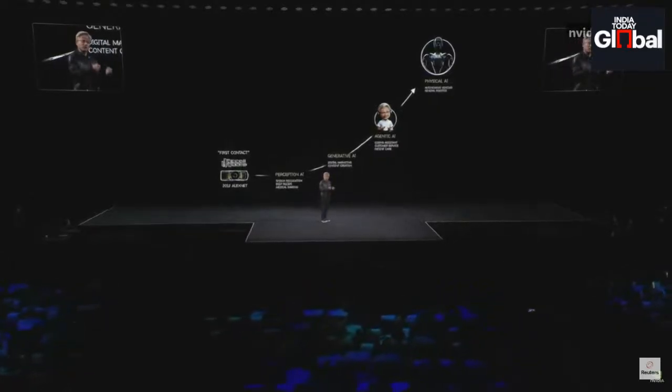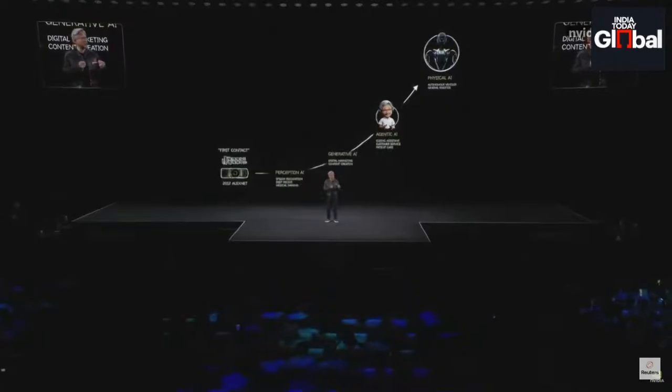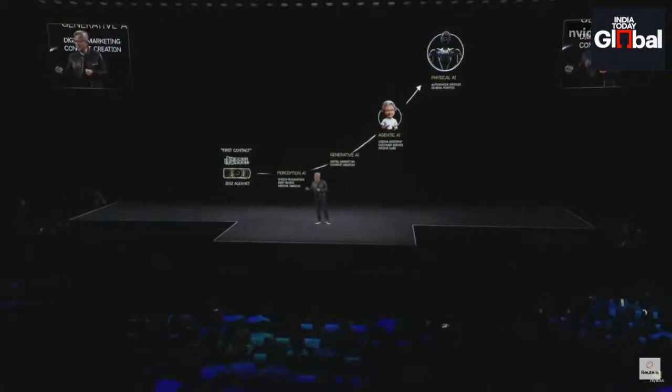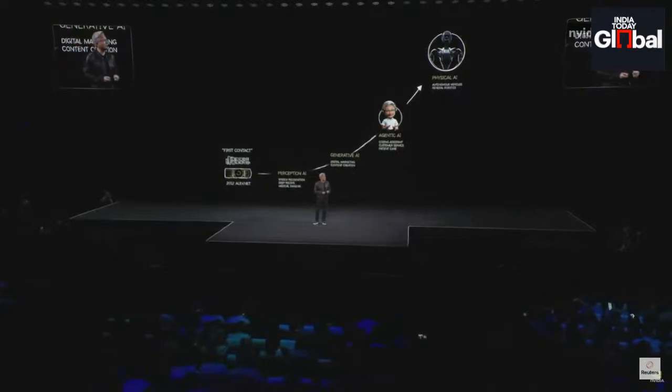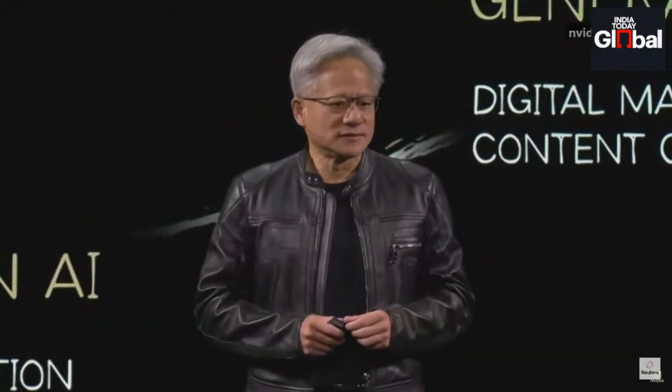Therefore, you could prompt it with language and it could generate images. The ability for AI to be multimodal, as well as able to translate and generate content, enabled the generative AI revolution. Generative AI, the ability to generate content, is fundamentally vital for us to be productive.